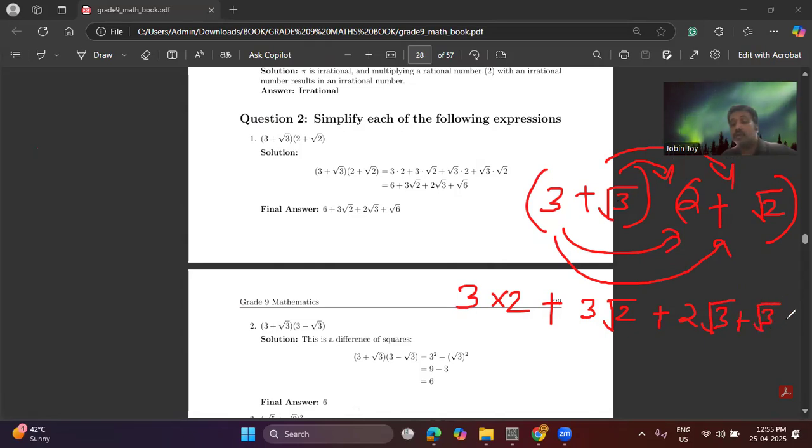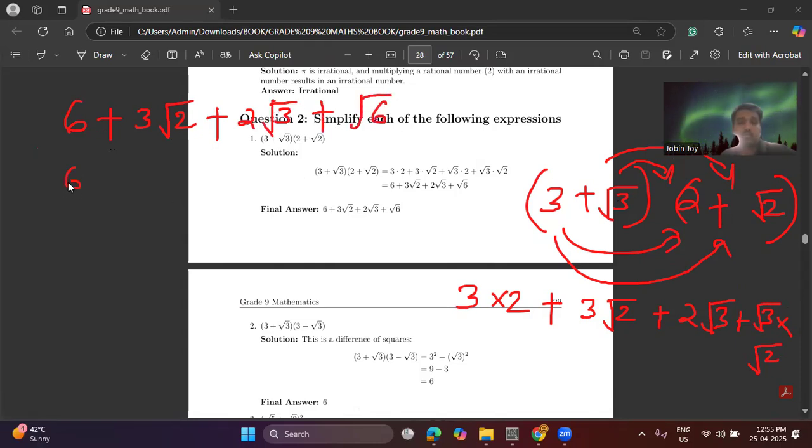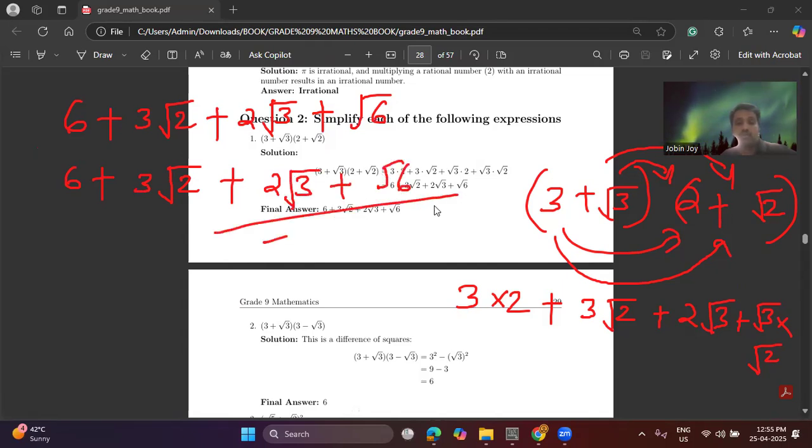So what is 3 into 2? 3 into 2 is 6, plus 3 root 2, plus 2 root 3, plus root 3 into root 2. Root of 3 into 2 is root 6. So 6 plus 3 root 2 plus 2 root 3 plus root 6. This is the final answer.